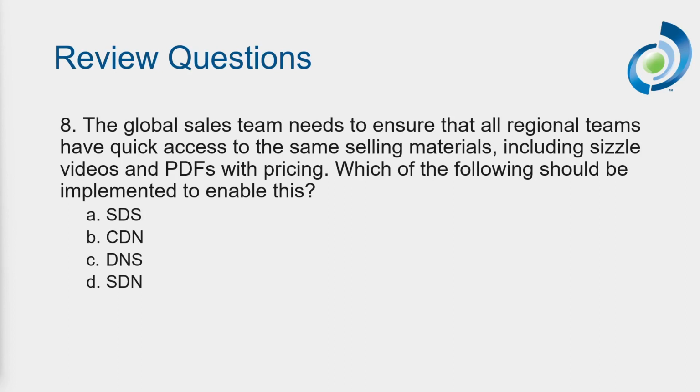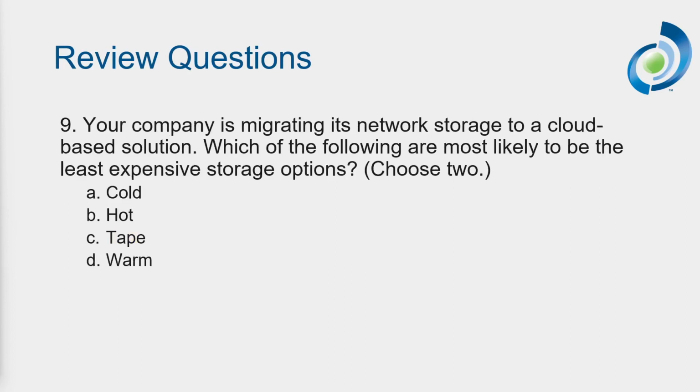Which of the following should be used to implement this? This is CDN, the Content Delivery Network. And so what it's saying is that everyone out there needs to have access to this. You don't want them to have to cross the country to get that. You can put it out there in the edge locations and have it available to all of your users, or in this case, your users are your sales team.